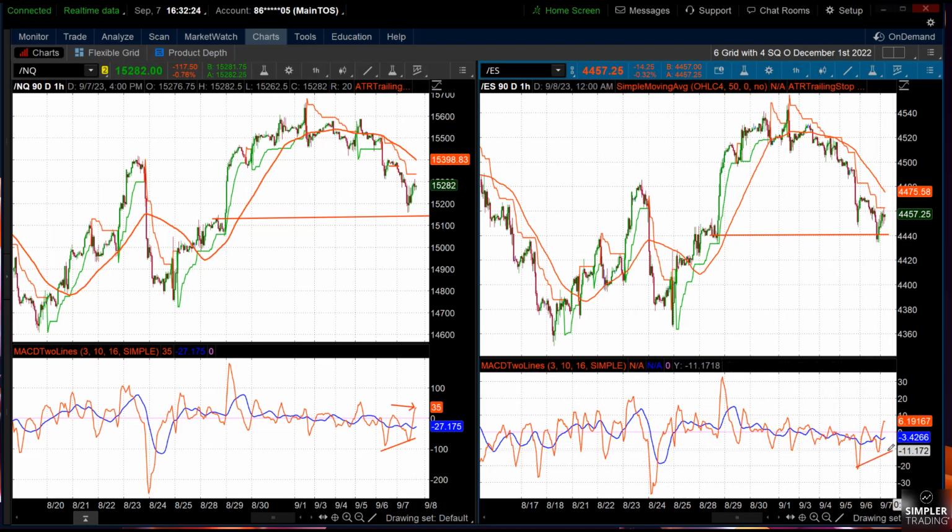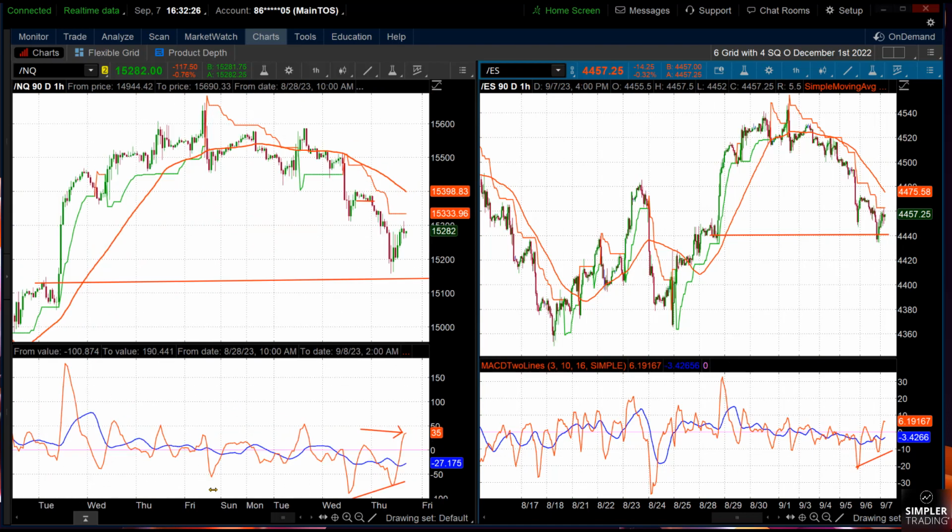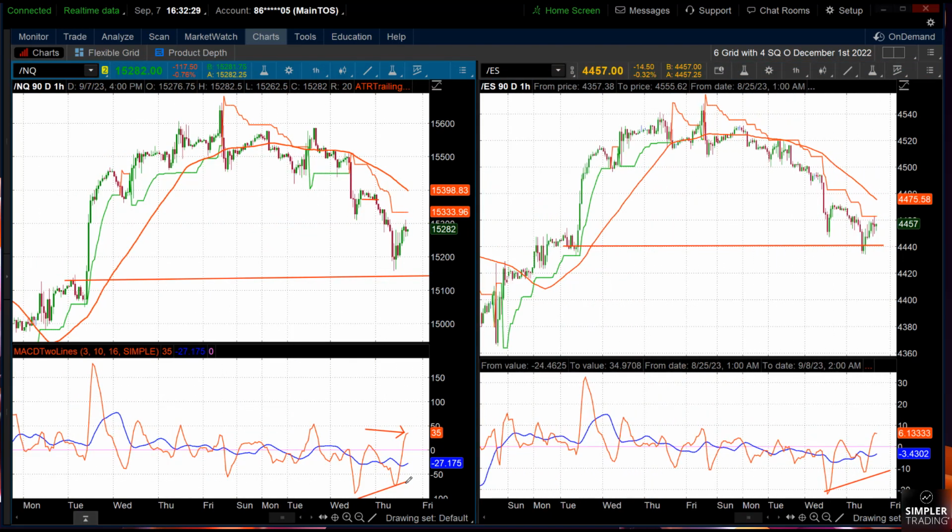What's that bad news? The bad news is that the MACD on hourly charts is overbought, and these are in downtrends. They're under the ATR trailing stop, under the 50. So the point in there is, how does it work off that overbought? That's what it always comes down to.